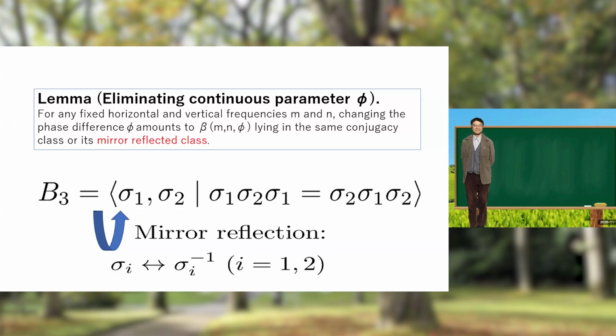If the horizontal and vertical frequencies m and n are fixed, then changing the phase difference phi gives Lissajous three braids not so different from each other, in the same conjugacy class or at most lying in the mirror-reflected classes.